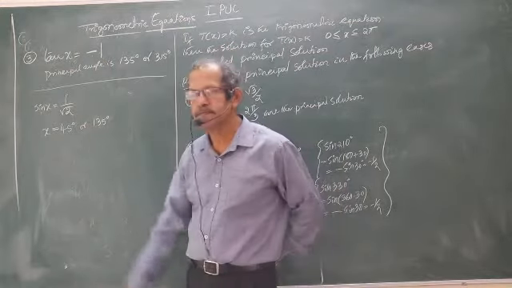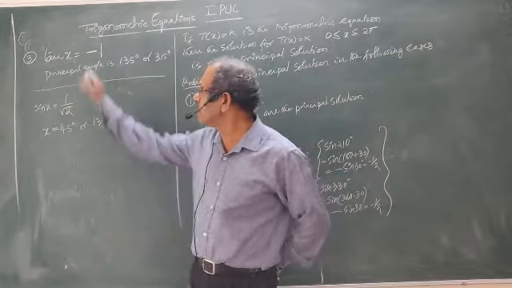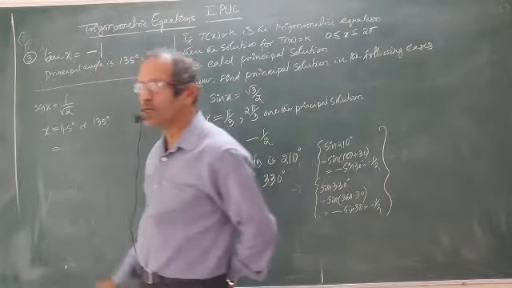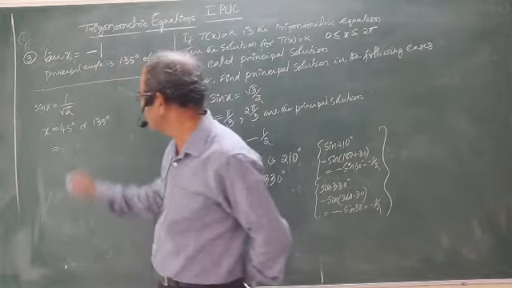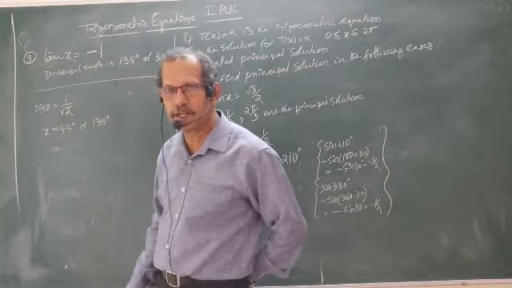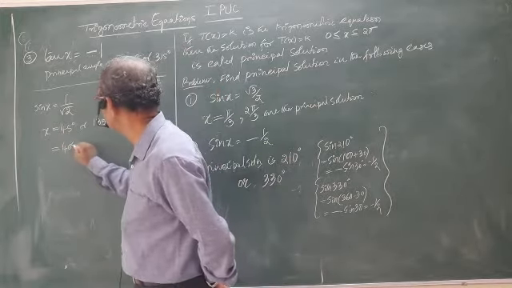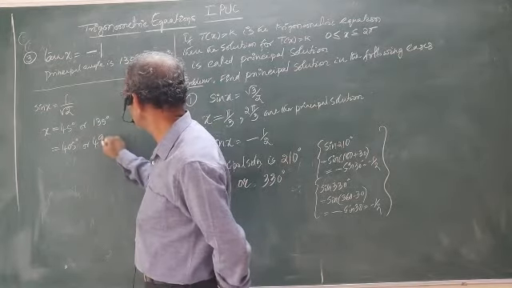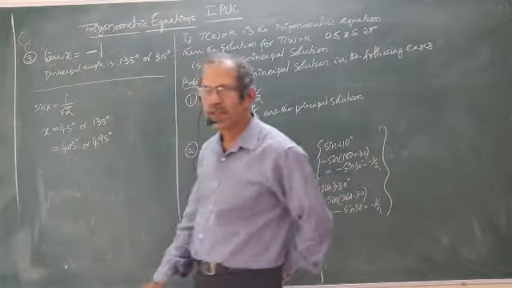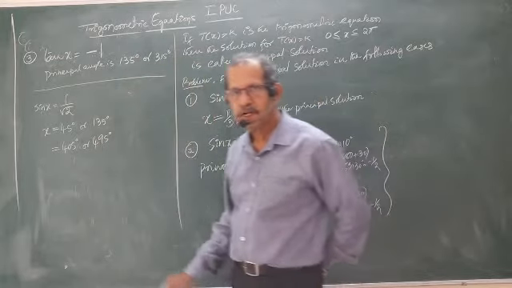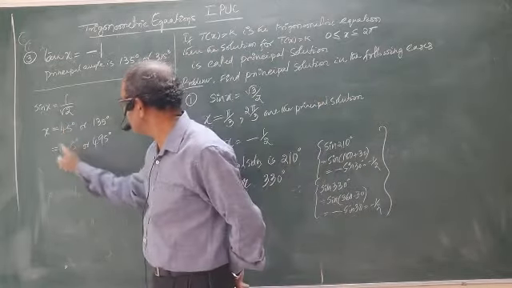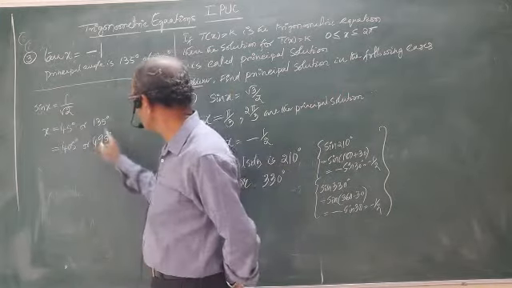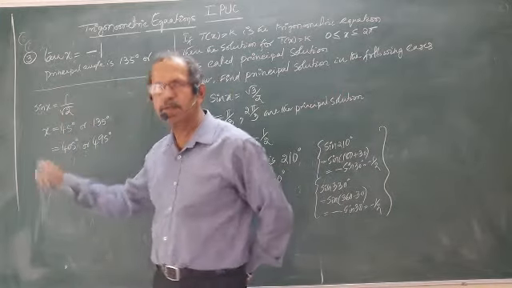Principal solution. Now I have taken this example. 45 degree is one of the solutions, principal angle. If we add 360 to this, what do you get? 405. Add 360 here, 495. Find sin of 405. Once again it is 1 by root 2. Sin of 495, 1 by root 2 again.